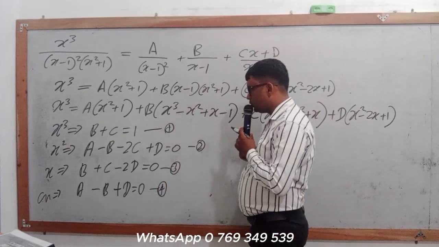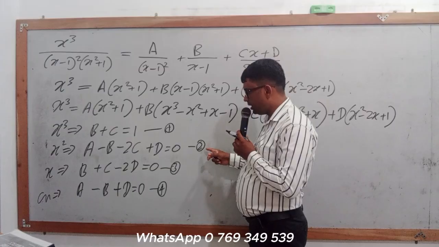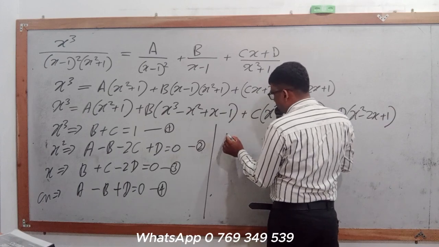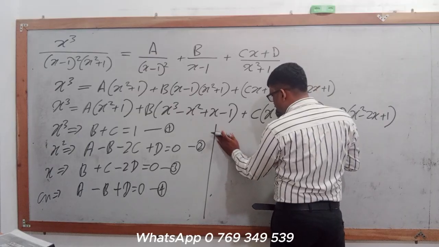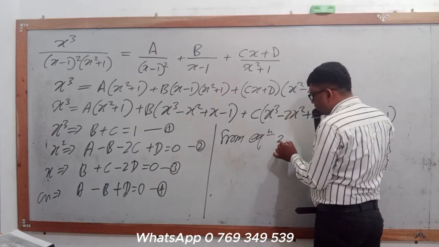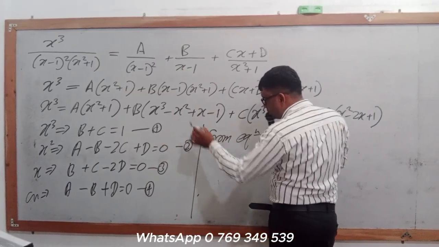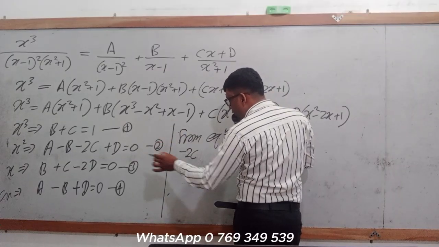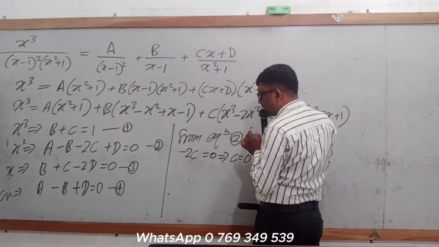And we can say equation 2 minus 4. From equation 2 minus 4, A and A cancel, minus B and minus B also cancel, minus 2C, D and D also cancel, that is 0, therefore C equals 0, right?